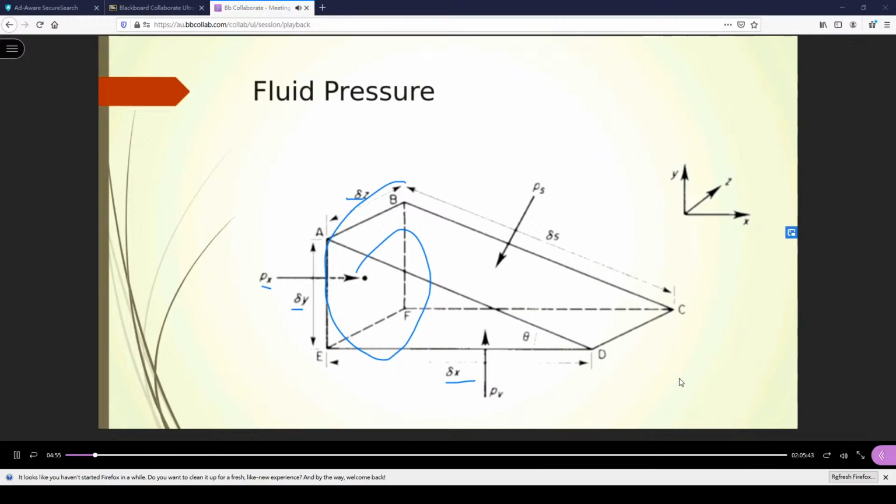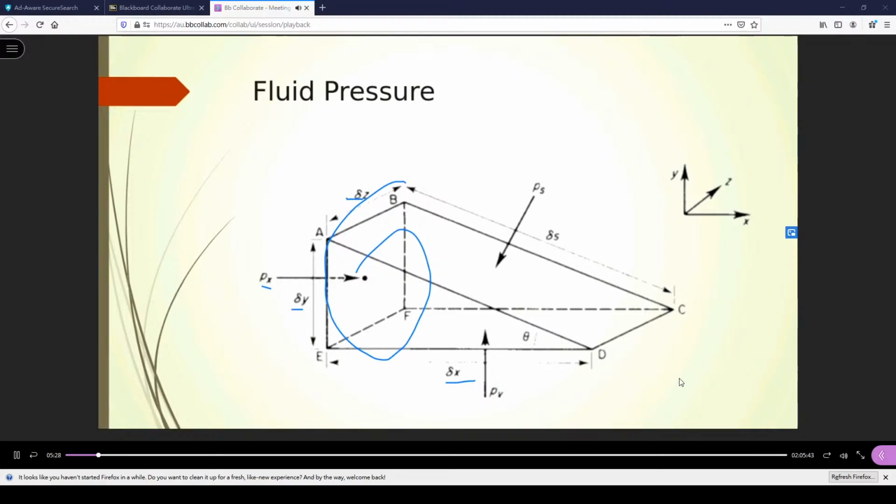This can only be true if we are dealing with a really tiny surface. If we are dealing with a large surface, then this assumption is not going to work. But this is physically reasonable, because for a very small area the variation of pressure over this area can be ignored. So we can assume uniform pressure on this wall.